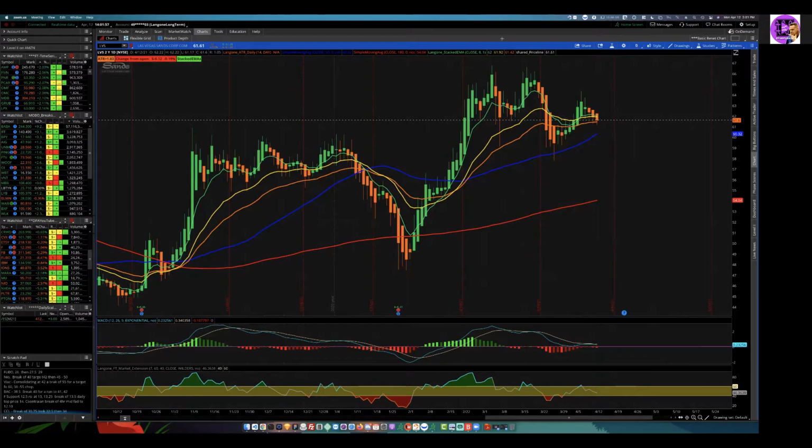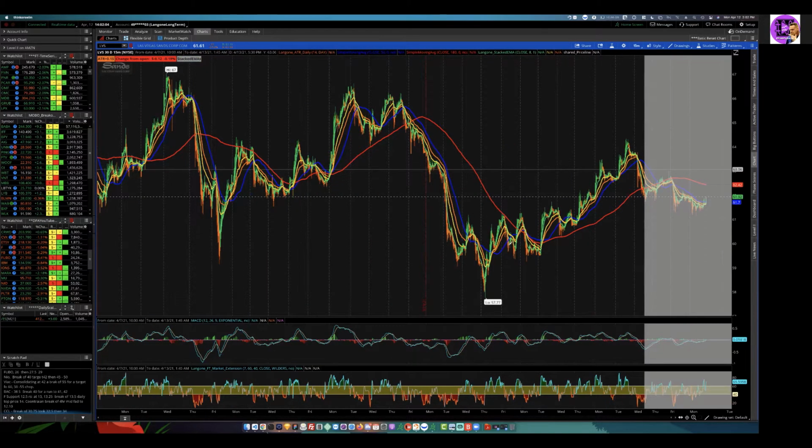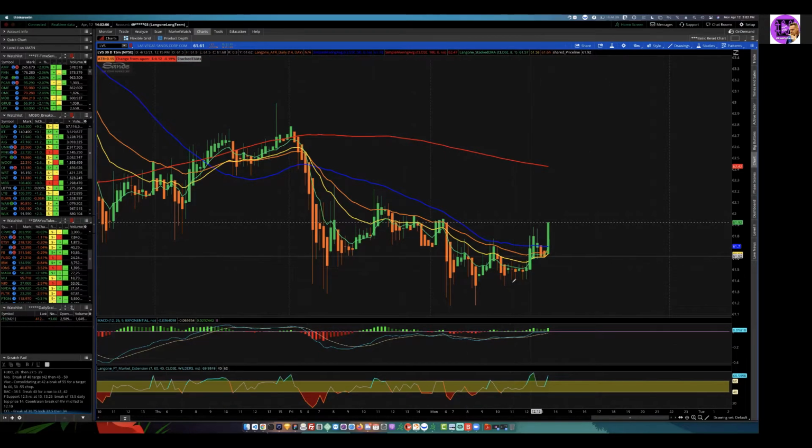On the intraday, that's exactly what happened. We came down, we sold off, obviously we started good, we sold off through the day, we found support. We found support in this generalized area here. We had the divergence played out, right?